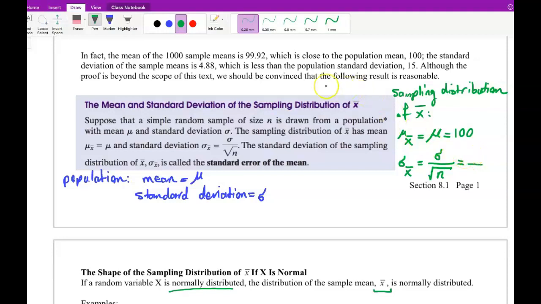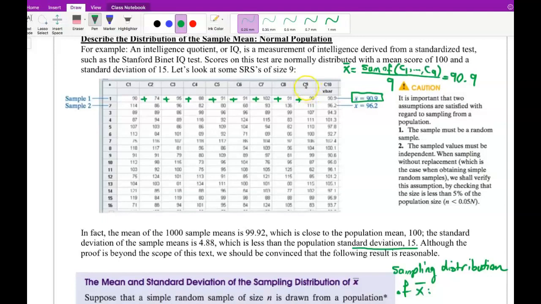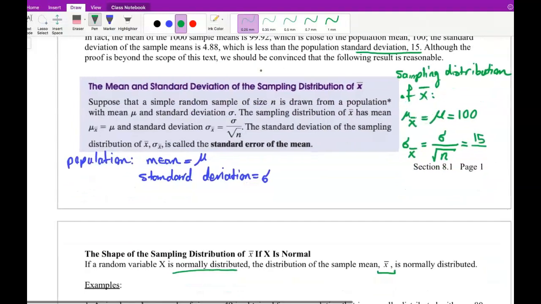on top. See here, the standard deviation for your population is 15, and our sample size is equal to 9 based on what we have on top. For each row we have 9, that's why the sample size is 9, so the square root of 9. The answer is 15 divided by the square root of 9, which is 3, so here it is 5.